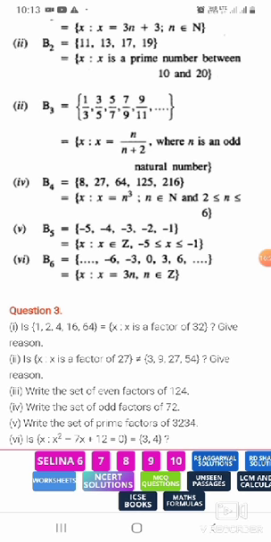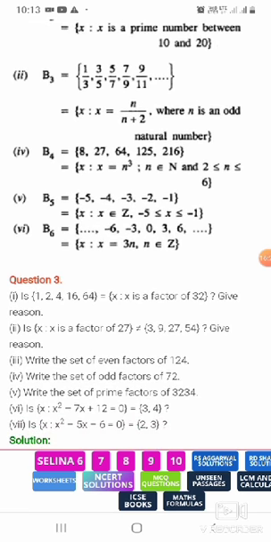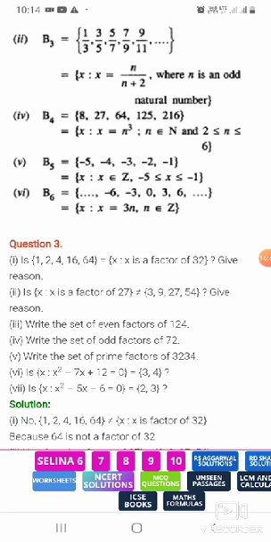And here the rule we have written is n cube, x is equal to n cube, and this n indicates the formula here, n belongs to capital N. And one more thing is these values of n should include 2 and go till 6 we are writing. So that's why we are writing it as 2 less than or equal to n less than or equal to 6.